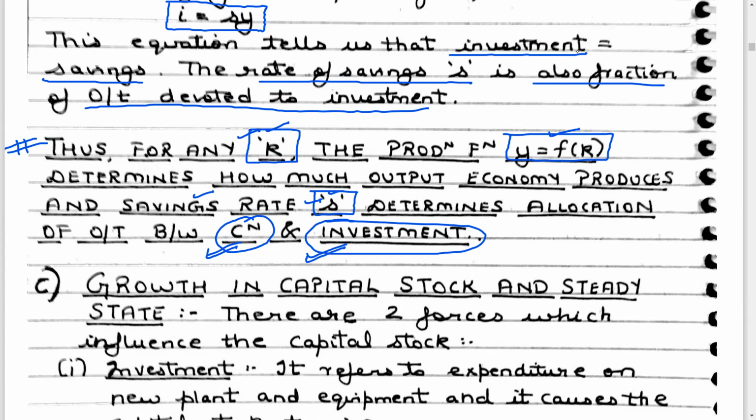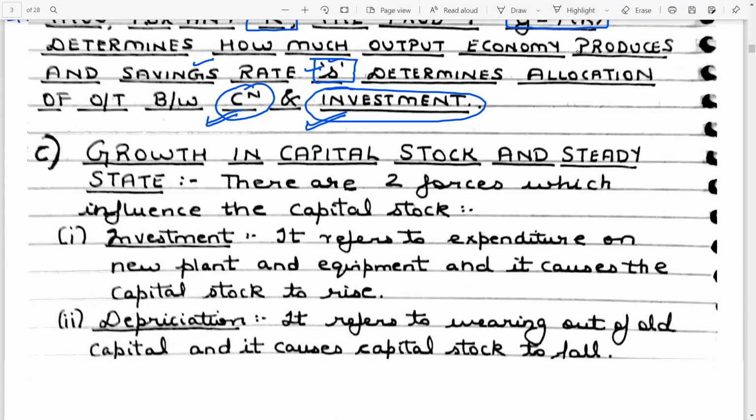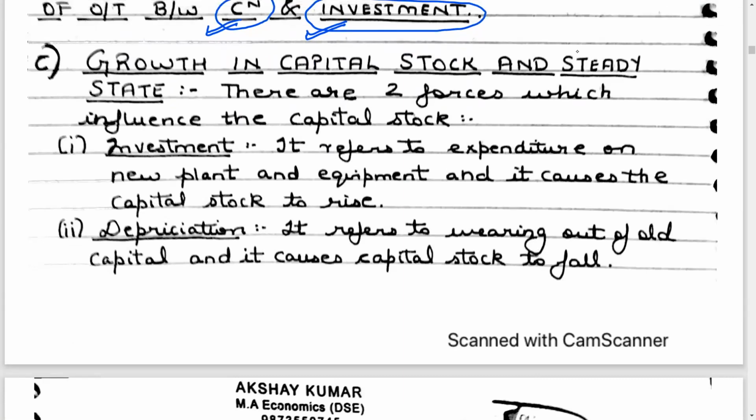So guys, let's first talk about small k. Let's talk about the capital stock. So here comes a very important concept in the Solow model: growth in the capital stock and steady state. Okay, so let's talk about how the capital stock grows and what is exactly meant by steady state.